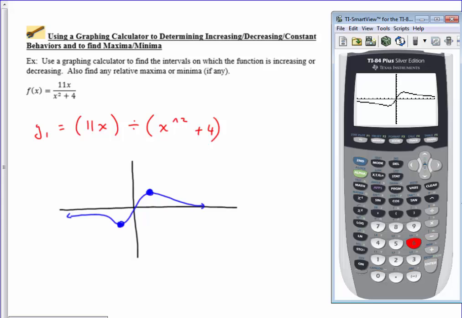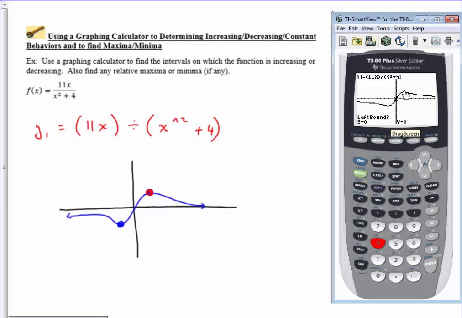To find maximums or minimums on your calculator, you want to do second trace. Let's say in this case I would first like to find my maximum value, the value here. That would be option 4, so click 4. It will then ask for a left bound.